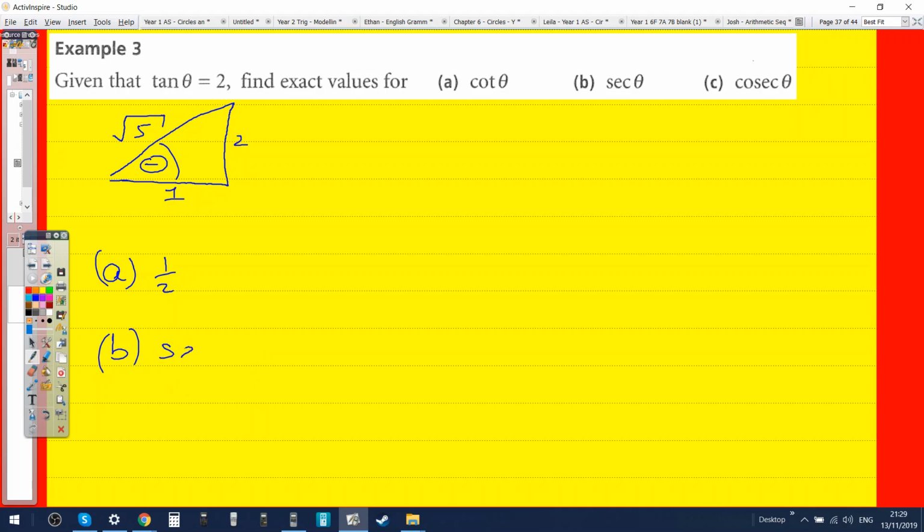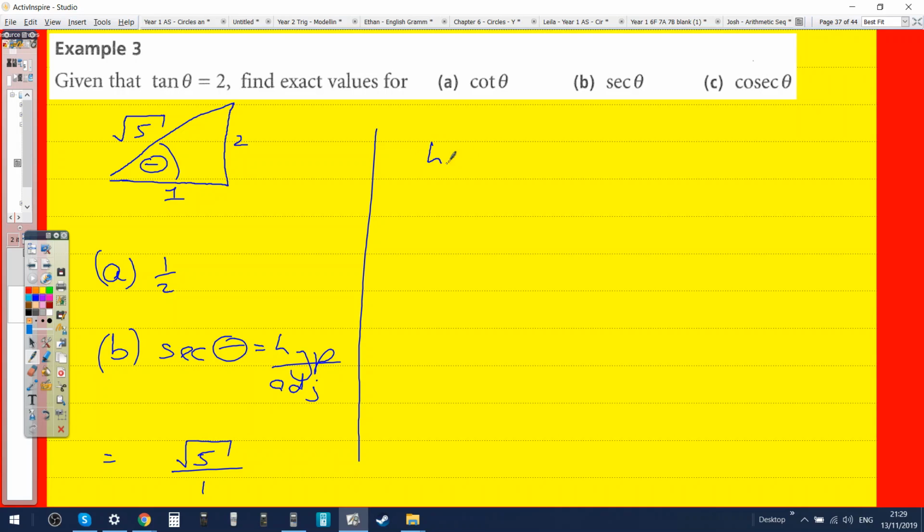So sec theta is hypotenuse over adjacent. So there's root 5 over 2.